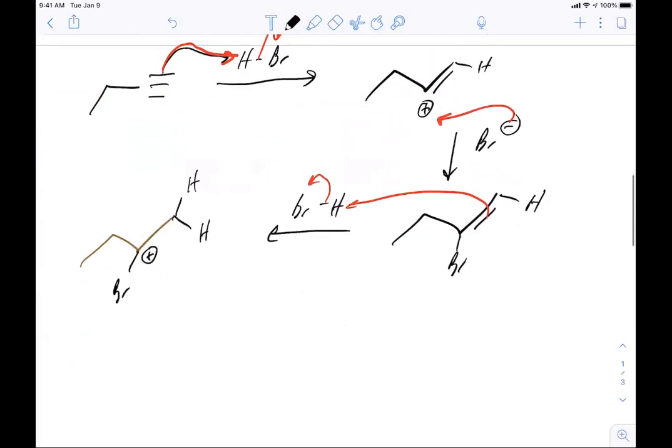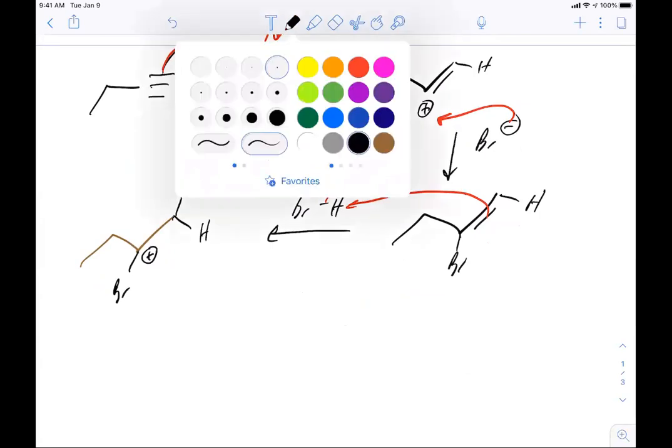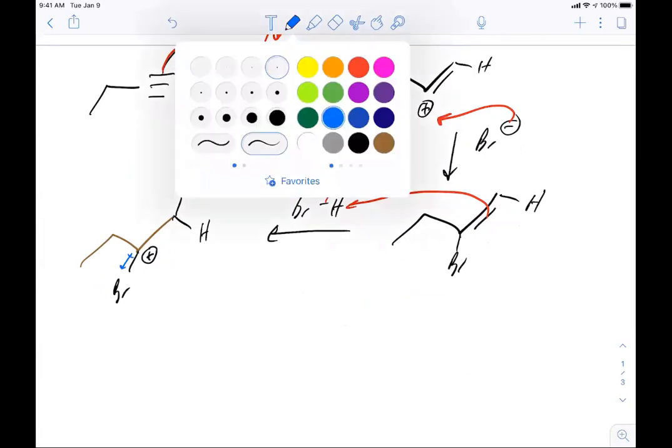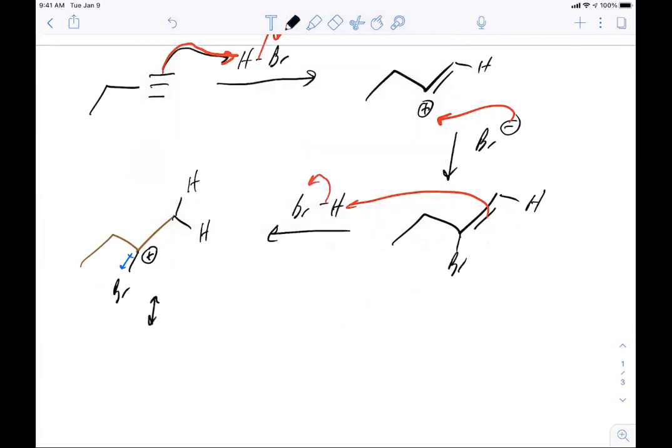The reason for that is that although there is a dipole moment pulling electron density to the bromine, there's also the possibility of the bromine donating its electrons back to that carbocation.